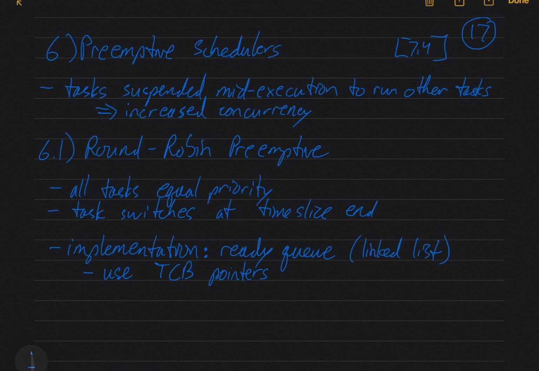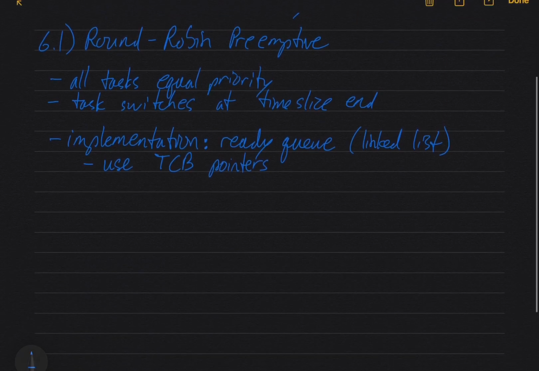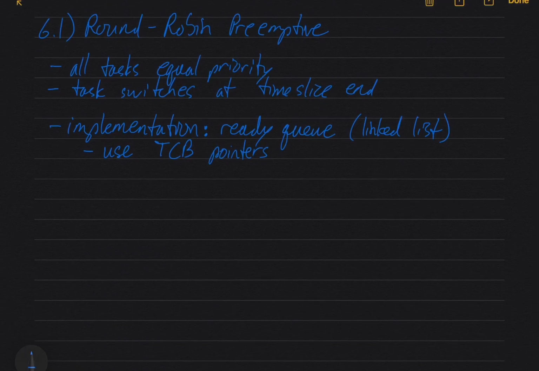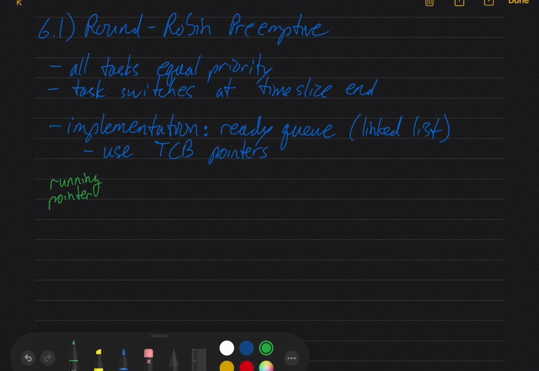They're TCB pointers for doubly linked lists. And what that would look like then is we're going to have a running pointer, so a pointer to the running task, and so it would look something like this.